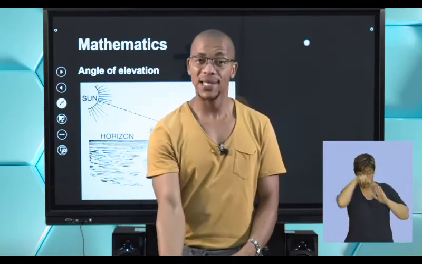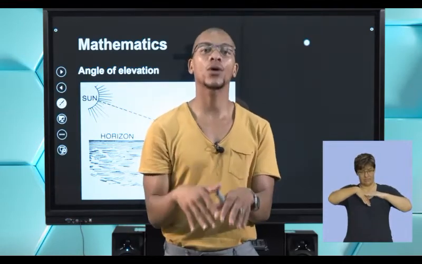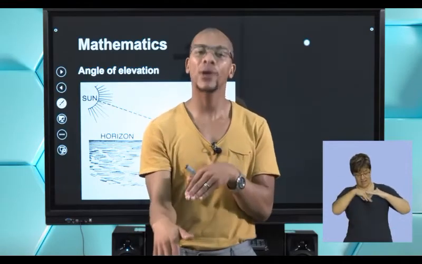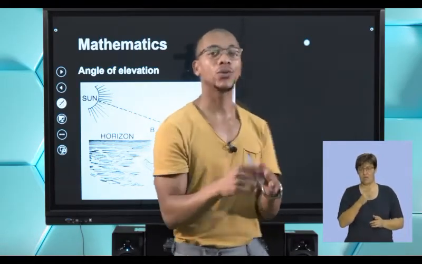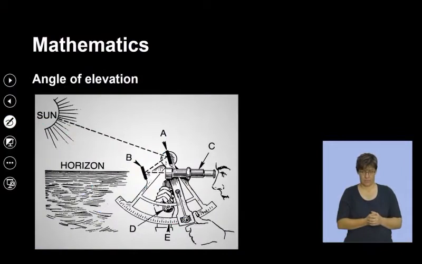If maybe you are in a swimming pool and you look down, there's a coin there and you want to jump in and take it out, you will then be looking at it from the angle of depression, which is the angle that we normally look at when looking down. So that's what you will need to know about angle of elevation.